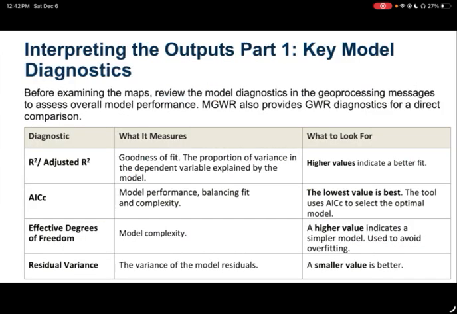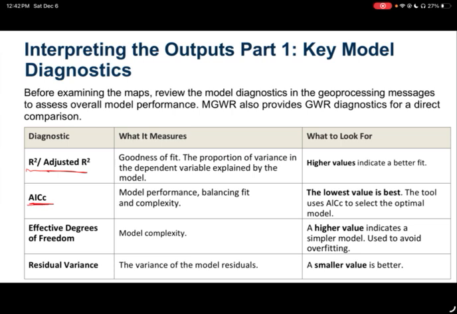And next, we will start to learn how to interpret the model outputs. The first thing that we need to do after we get the result of the MGWR or GWR model is to find the model diagnostics, and we need to assess or evaluate the model performance first, and we can see the R square and AIC.